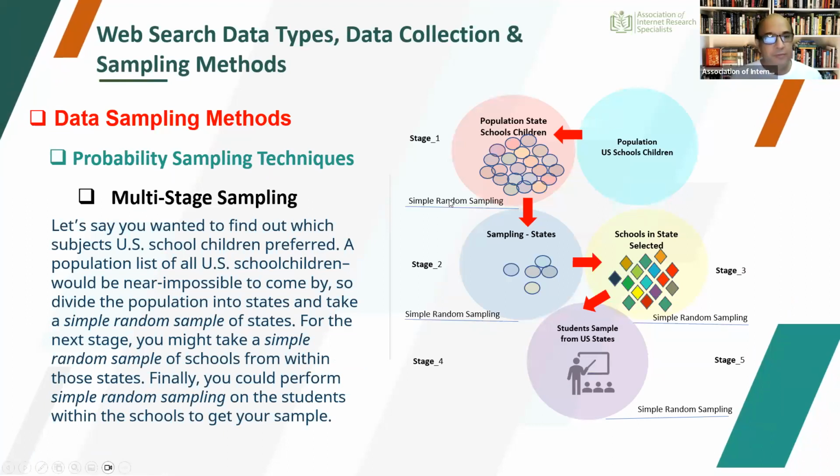We also have multi-stage sampling, which means that sometimes the population size is so big, and your research work requires you to filter in or filter out certain prospects by pre-qualifying them in the first go, then qualifying them further. And so it becomes multi-stage sampling.